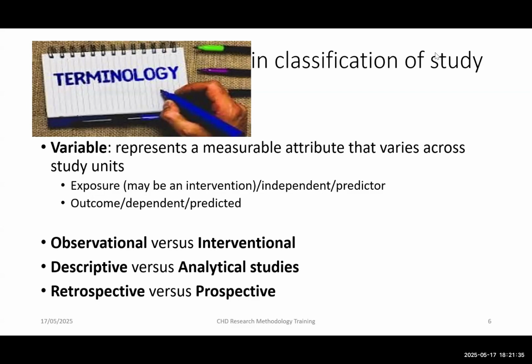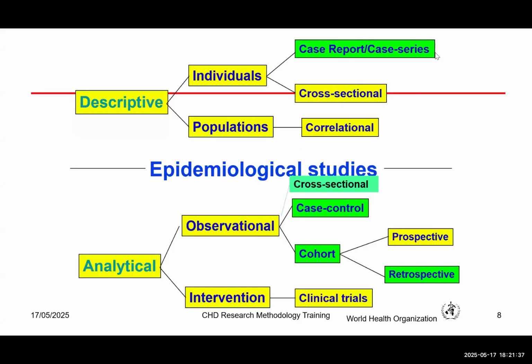So using that characteristic, analytical, where you're testing a hypothesis or trying to find the causal relationship, or the relationship that exists between two variables, we have broadly the descriptive studies and the analytical group.